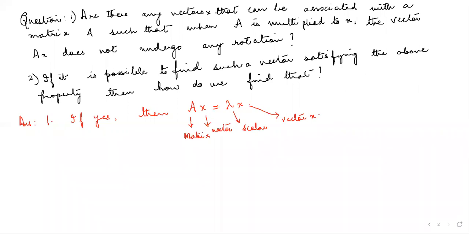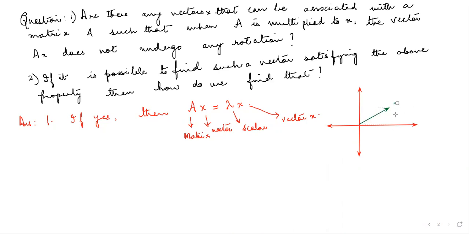What should happen is, say this is the initial vector. Let us use a different color here. I take a green color. So this is the initial vector, which we'll call x.